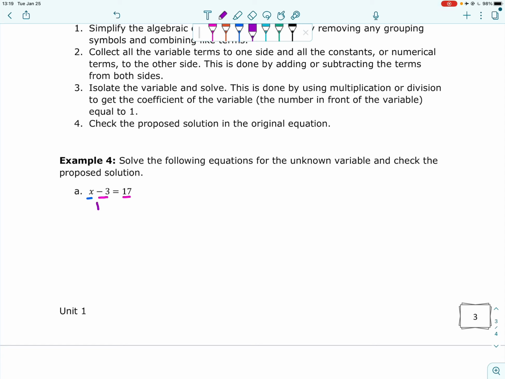So I can do that by adding 3 to both sides. Minus 3 and plus 3, that becomes 0. This becomes 0. So what I'm left with is x equals 17 plus 3 is 20.